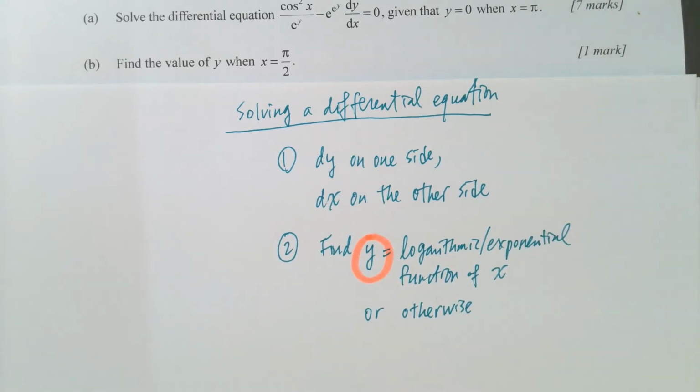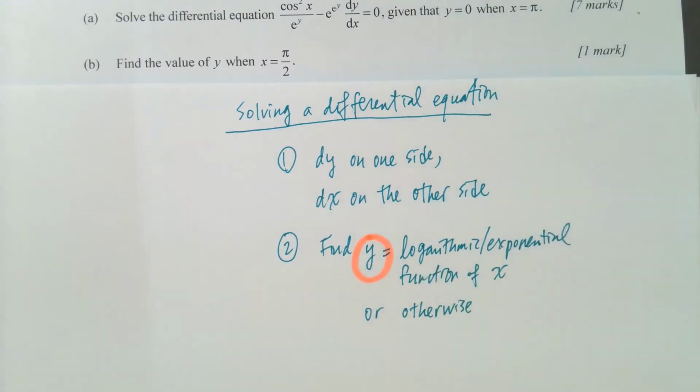If you're lucky, if you get a separable exact equation, then you don't need any integrating factor. But if you got an equation where you would need an integrating factor, then you've got multiple steps in solving it, and then you got to integrate both sides at the same time, and then you still have to figure out the constant. So it's very complicated, so you got to keep this goal in mind.